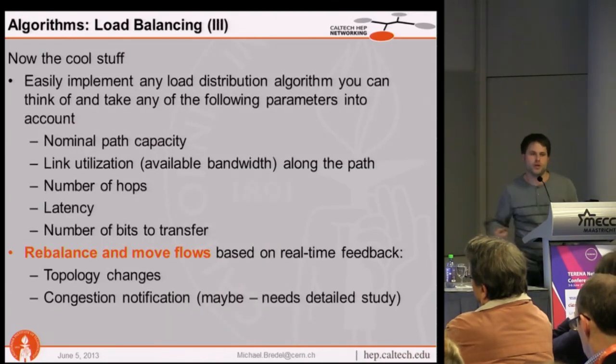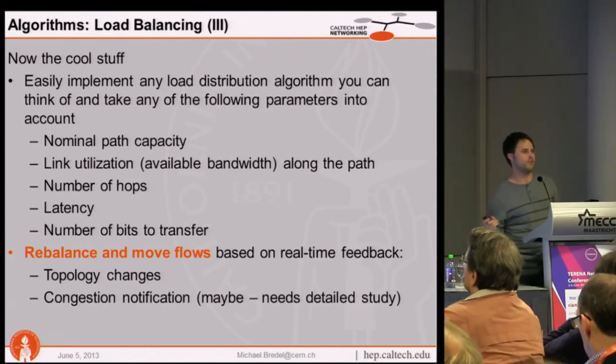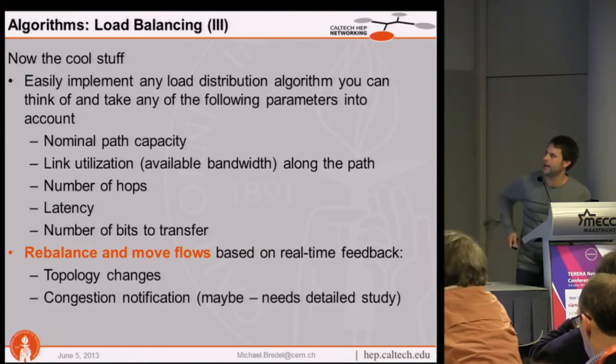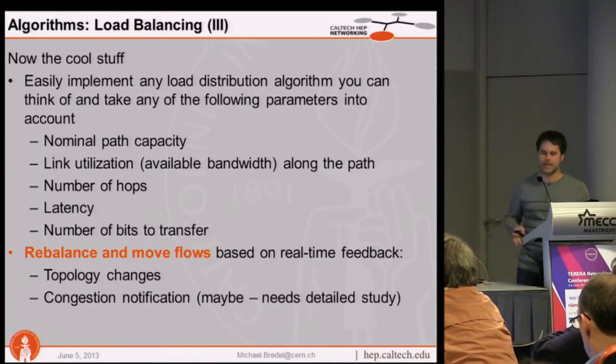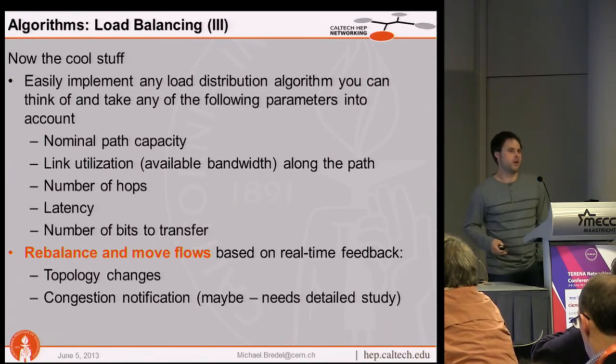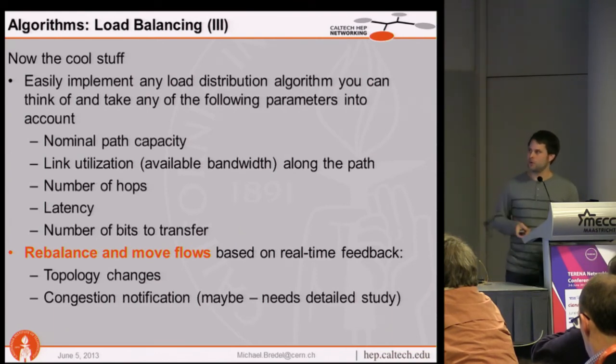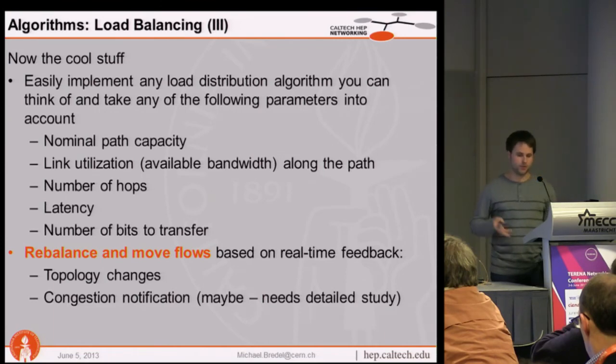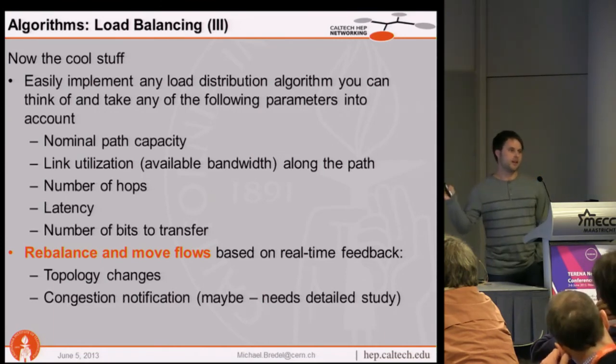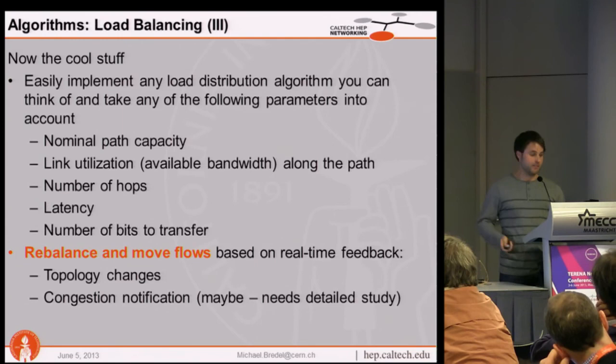And now, once you have that, you can start doing all the cool stuff we are going to do next week. You can easily implement any load distribution algorithm you can think of. You can use all the information that is available at the controller, like the capacity, of course, link utilization. You can try to estimate the available bandwidth.